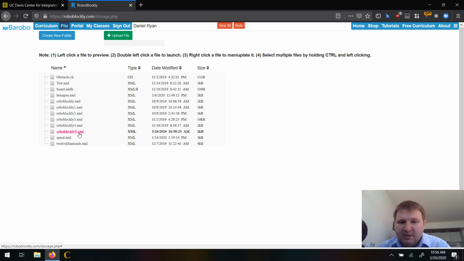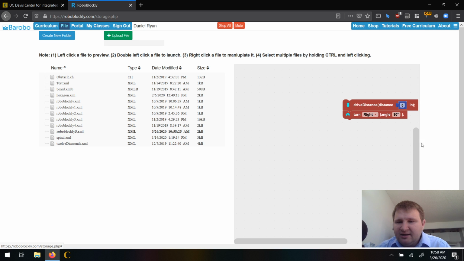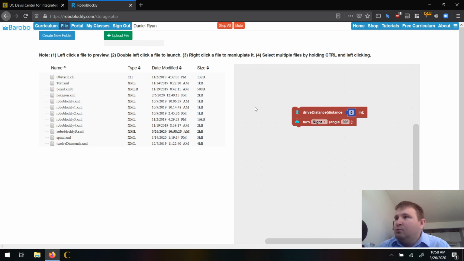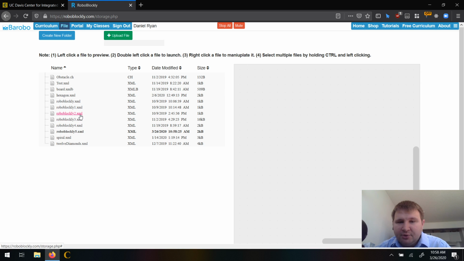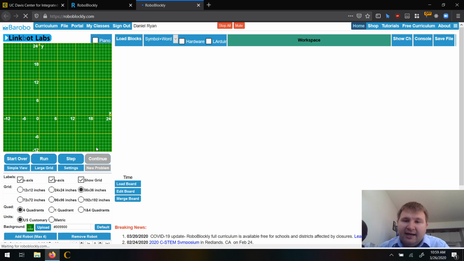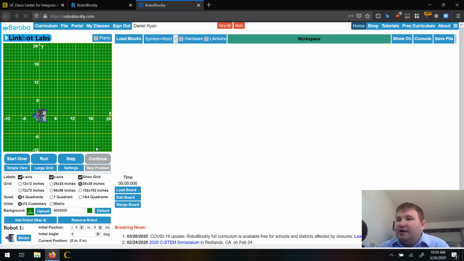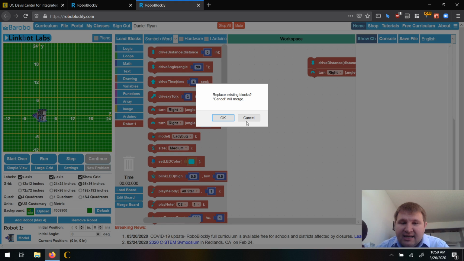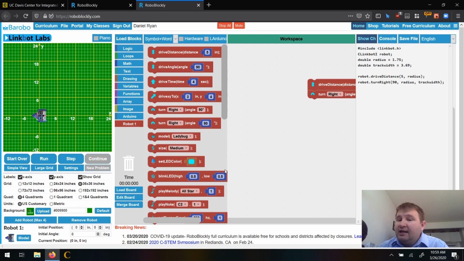You can see it's RoboBlockly5.xml. If I click on it once, it's going to give me a preview of what is in there, so I don't even have to load the full thing. I just do a quick click and preview. I can right click on it and click launch in Playground, or just double click, and it'll pull up right where I was. So I can save my work wherever I was at and carry on from there.